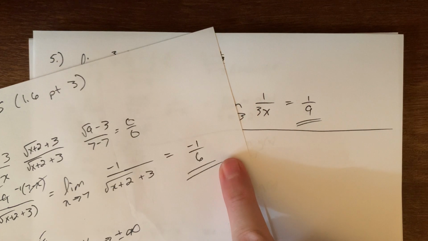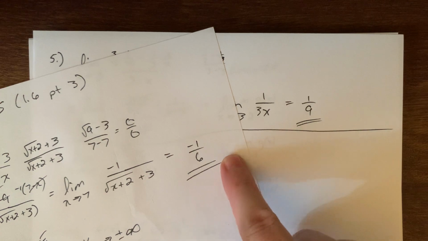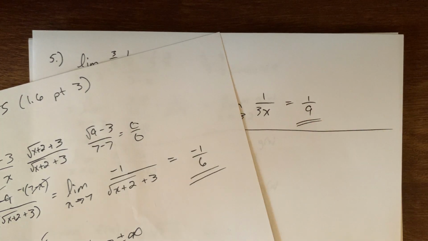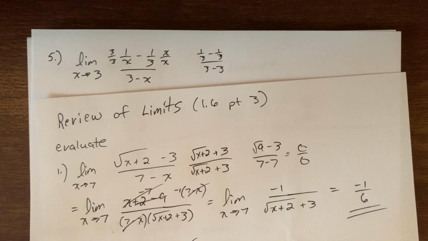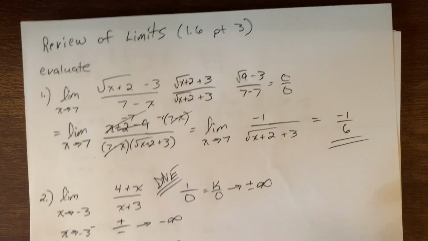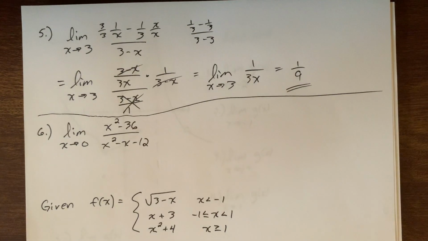This is an ugly repeating decimal, negative 0.1666666 forever. Not easy to figure out, even with a good XY chart. This one, 2.4 as a decimal. Again, maybe a little bit easier than the top one, but not easy. So again, calculator can help, but this should be the technique you're getting better with. You're going to need this technique.